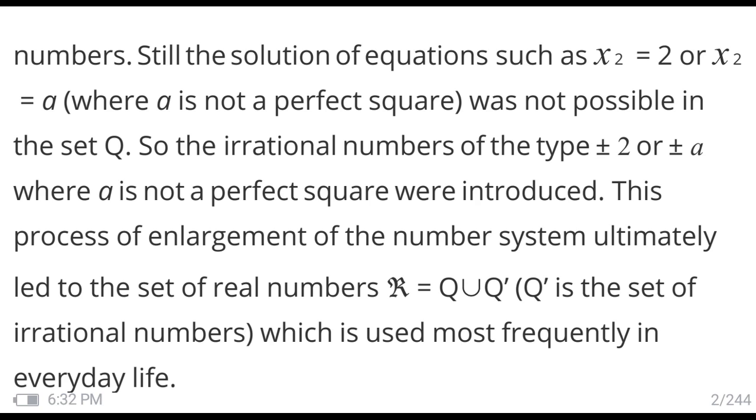The process of enlargement of the number system ultimately led to the set of real numbers, which is equal to the union of rational and irrational numbers. Q' is the set of irrational numbers, which is used most frequently in everyday life.